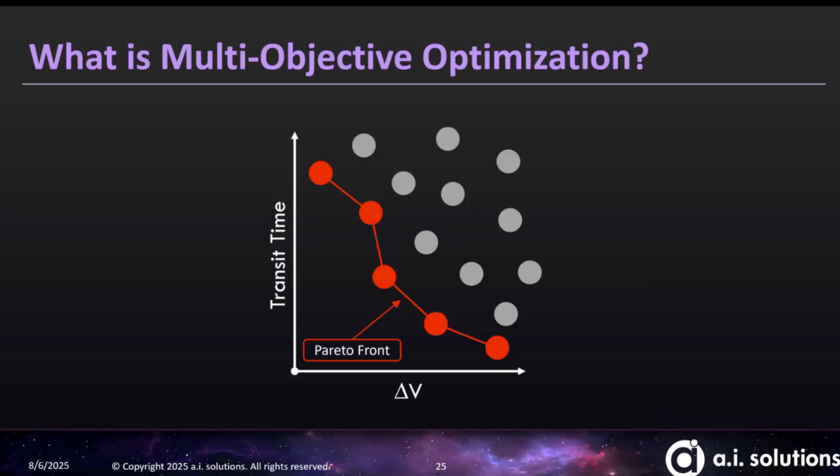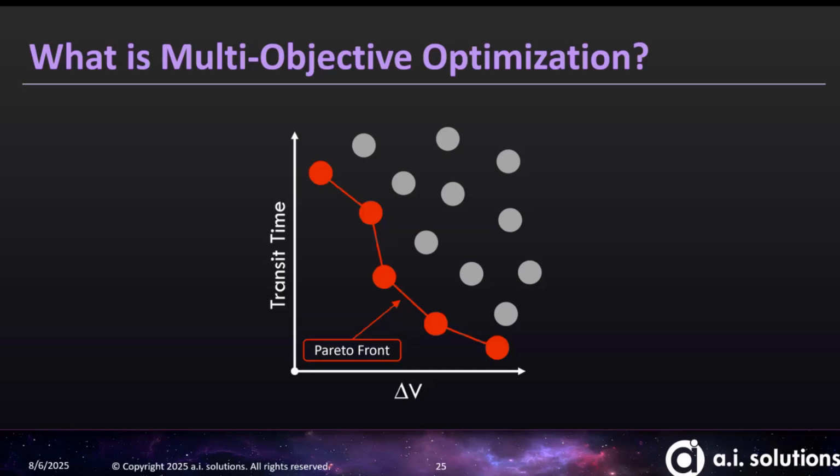So if we plot all of the solutions in terms of transit time and delta V, we're going to end up with solutions that are non-dominated. What non-dominated means is that there are no solutions that beat out this solution in terms of both objectives.